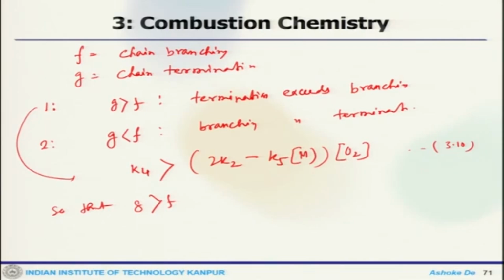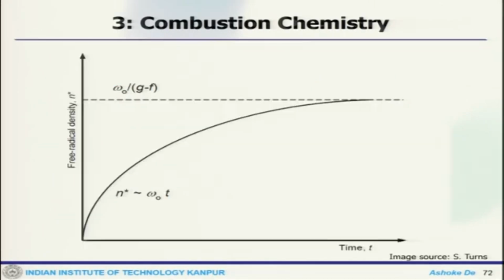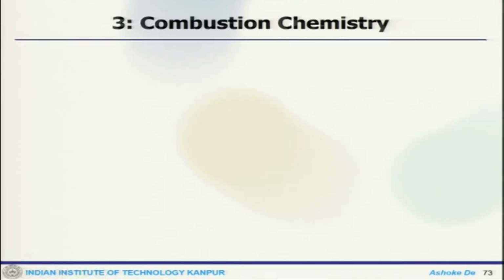And if we plot them with time, this is how your free radical density evolves in this direction, and this is the time, and this reaches a state where the solution becomes n star equals W naught by G minus F times 1 minus e to the power minus G minus F times T, which is 3.11.